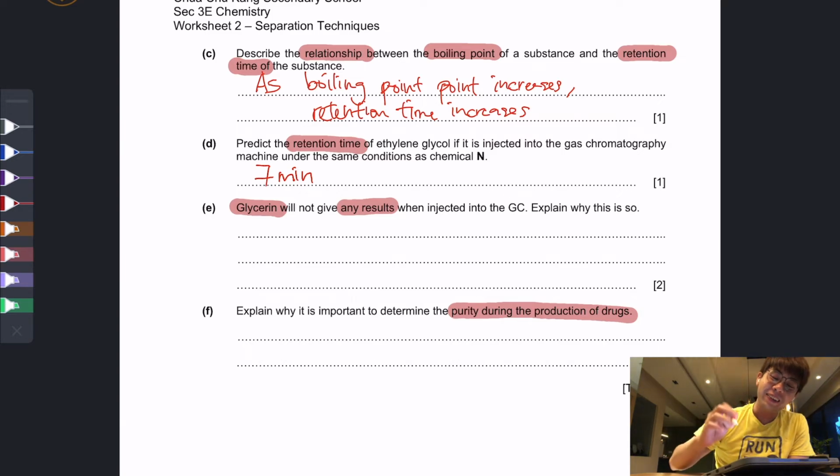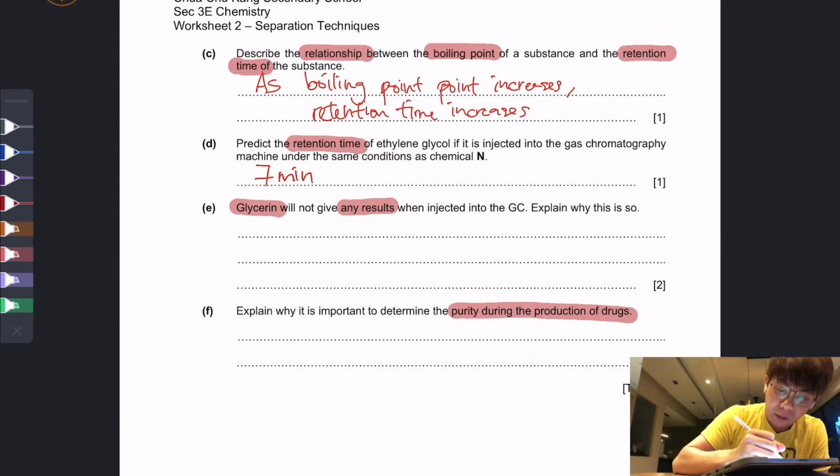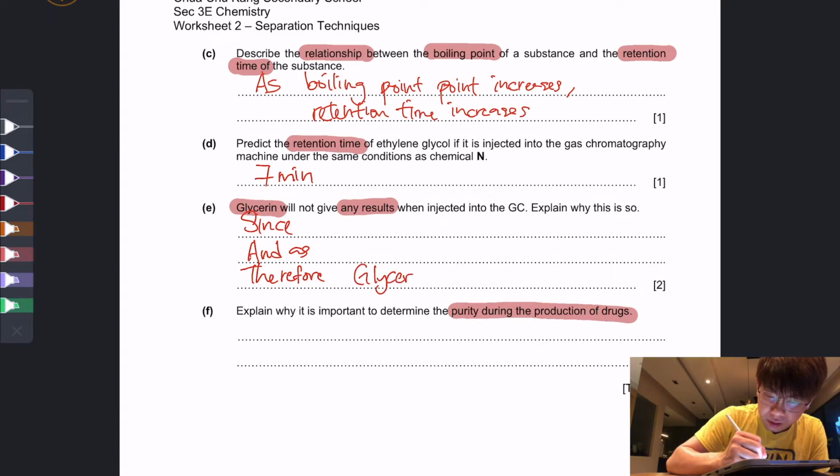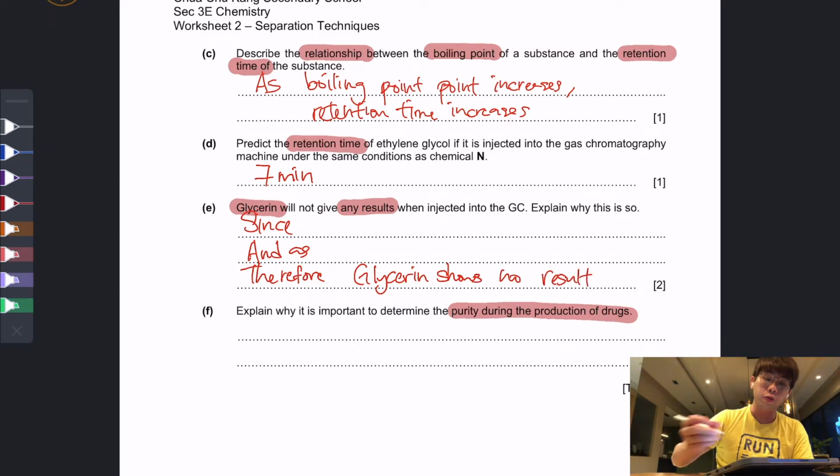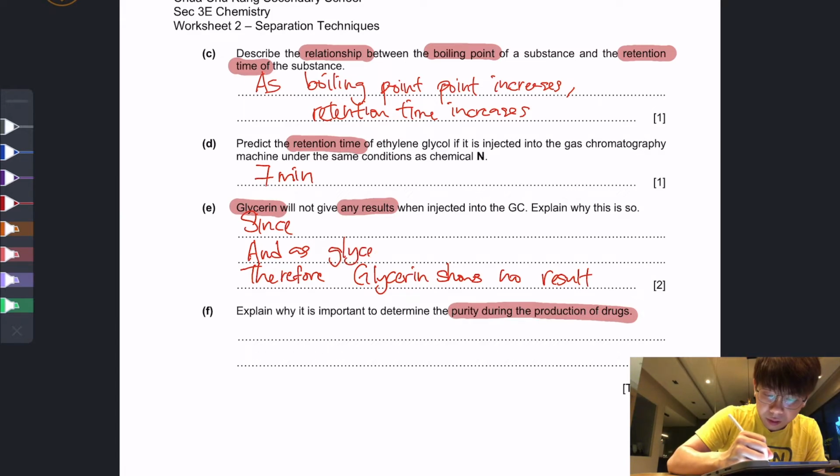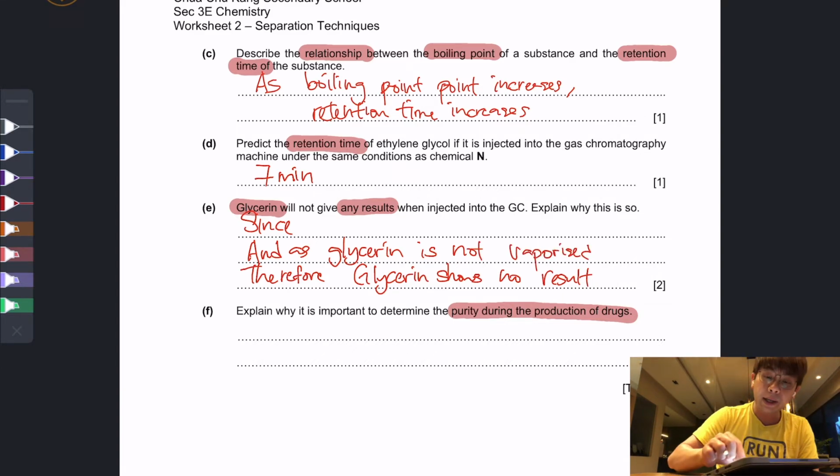So what we need to do is explain why this is so. Since, as, and then therefore. Therefore, glycerin shows no result. The reason glycerin shows no result is because it is not vaporized. But why is it not vaporized?